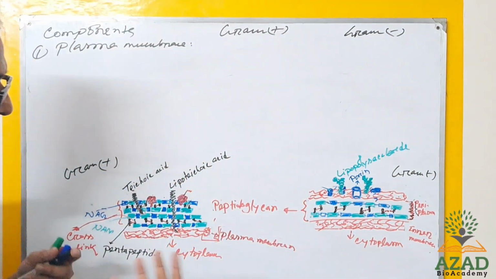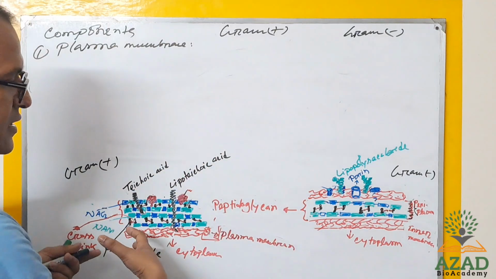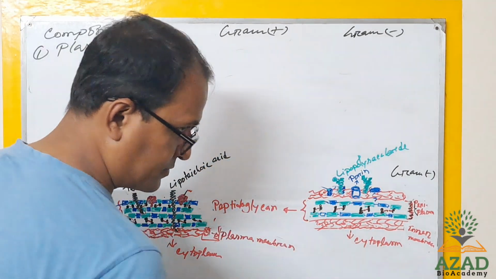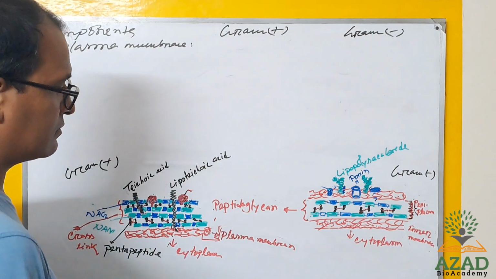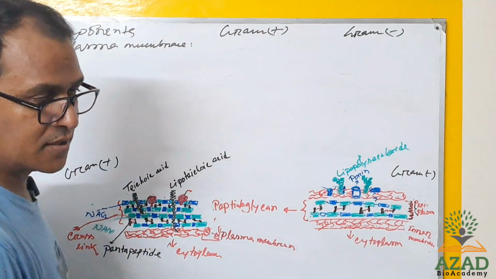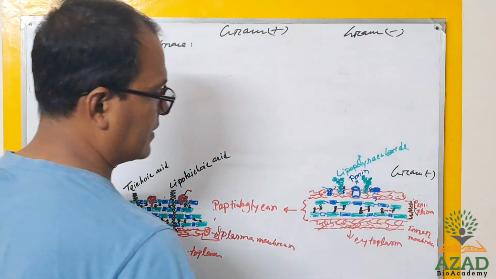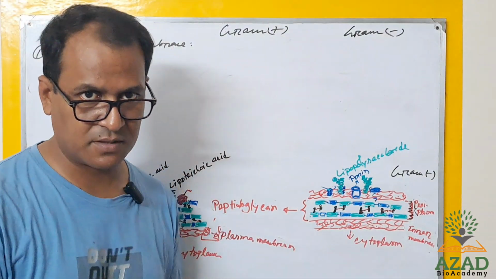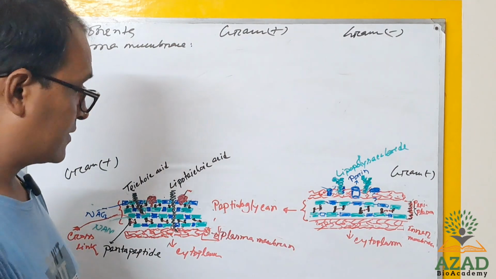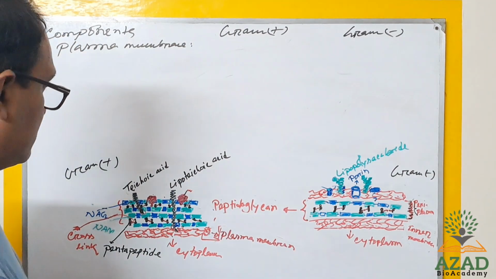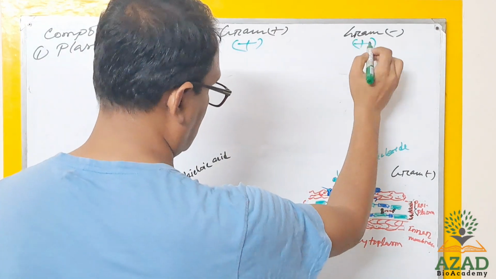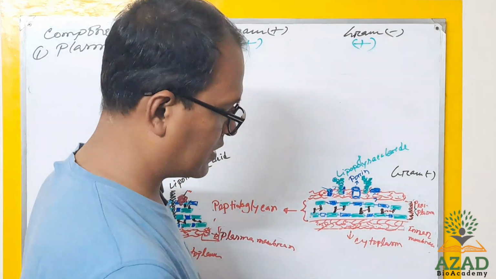As gram-positive and gram-negative bacteria are both cellular organisms, they have some external structural difference, but the inner membrane, the plasma membrane, is common. So I will say in both gram-positive and gram-negative bacteria, the plasma membrane is positive.